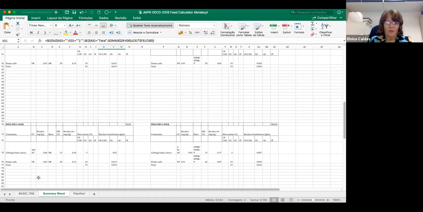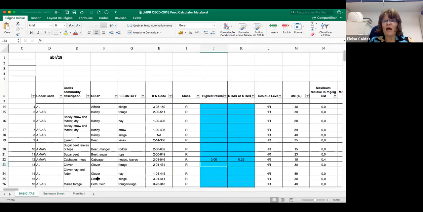Here's the feed table. Before, we used to make all those calculations by ourselves, but then Christian from BfR put together this template. It's just a macro, similar to what we have for dietary human exposure.